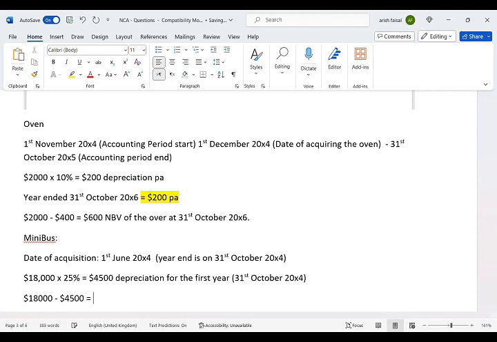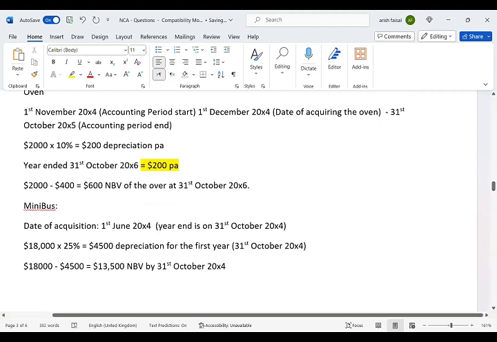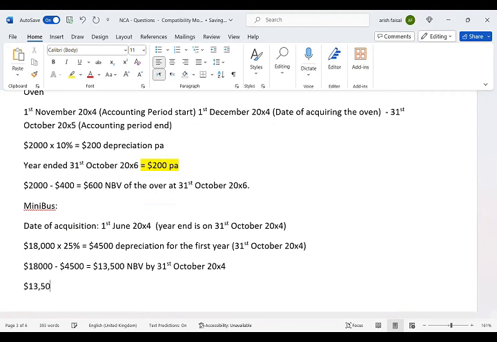So I get the net book value, which is 13,500 by 31st October 2014. Now for 31st October 2015, I'm going to charge depreciation on the carrying value, which is 13,500 multiplied by 25 percent. In this case, you will get around 3,375 depreciation for the second year, by 31st October 2015.